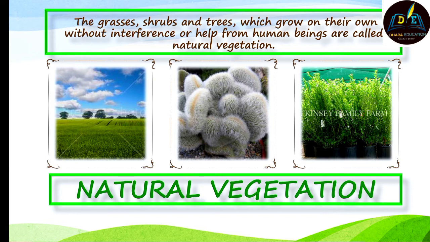This is another form of cactus plants which is also found in our country and in our world. The third picture shows short plants, greenery everywhere. So these are all nothing but natural vegetation.